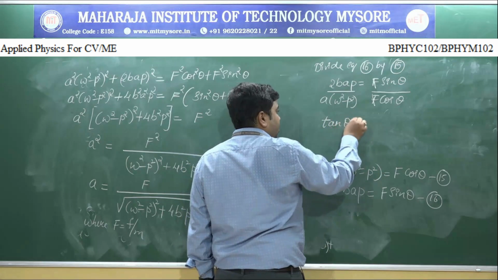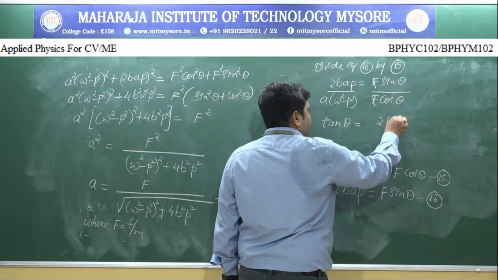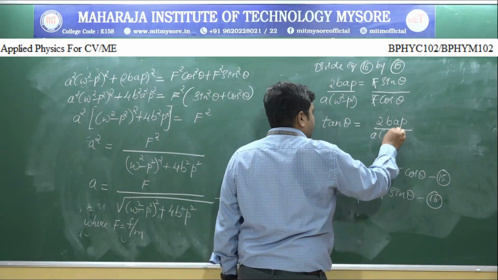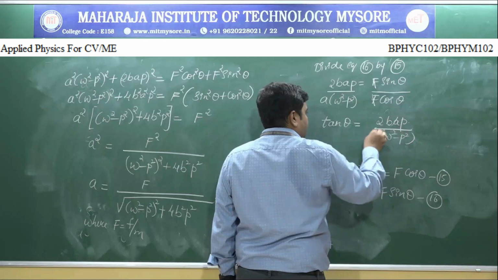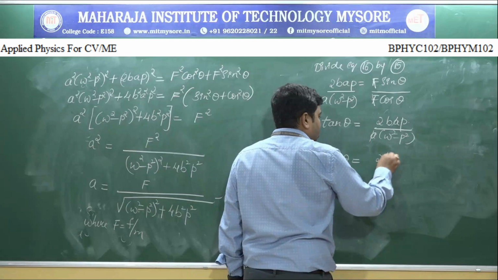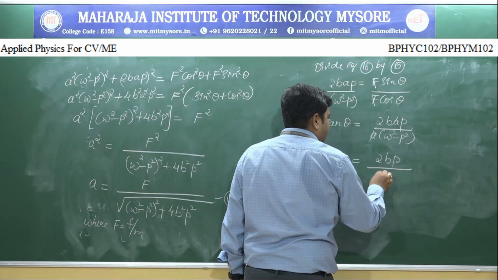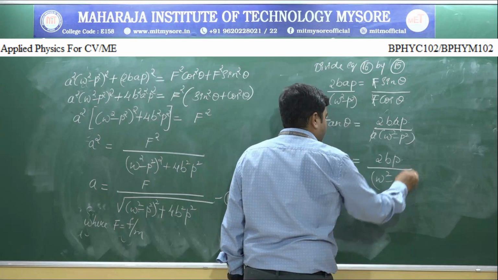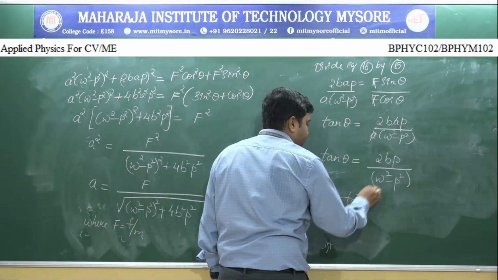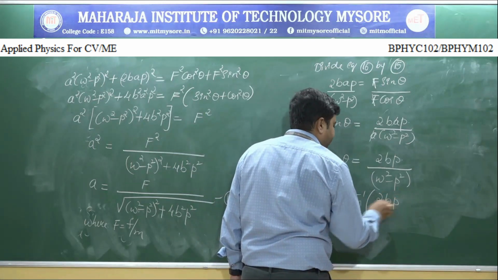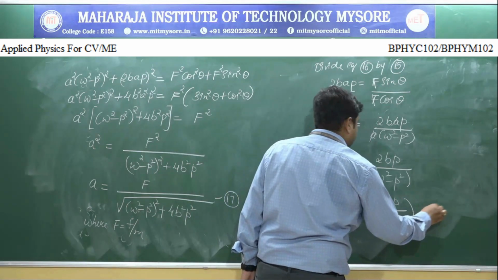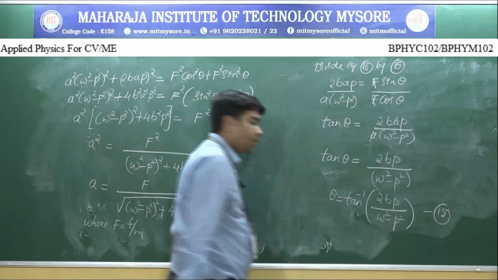You can write it as tan θ is equal to 2bAP divided by A(ω² − p²). Tan θ is equal to 2bp divided by ω² − p², or θ is equal to tan inverse of 2bp divided by ω² − p². We call this equation 18.